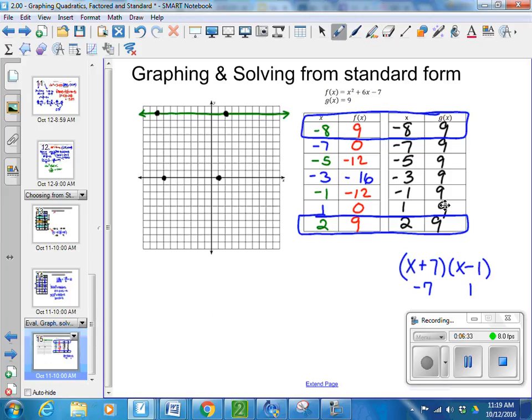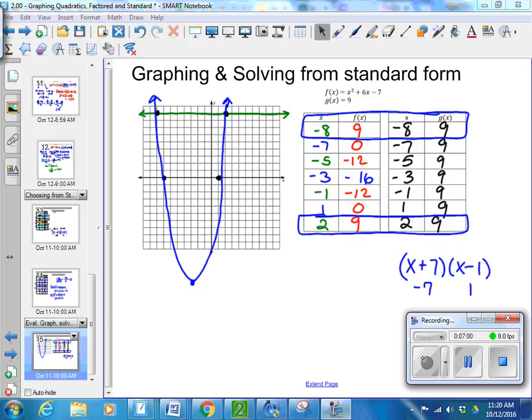But my vertex would occur at negative 3, which would be somewhere down here. So I could try to slide just a little bit. Okay, a little screen magic.